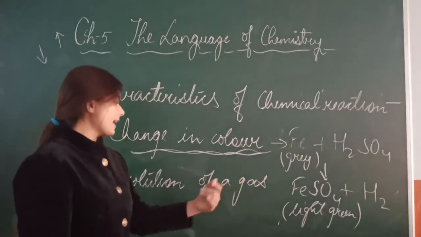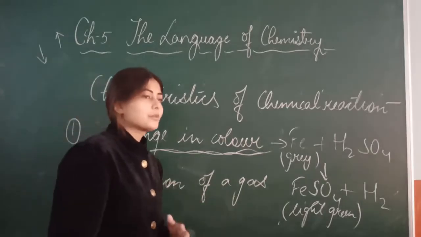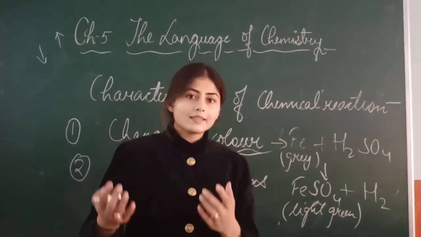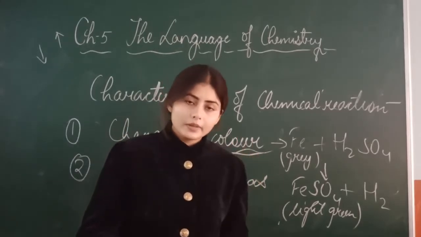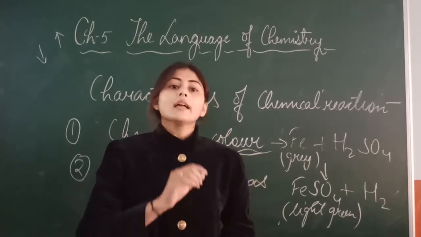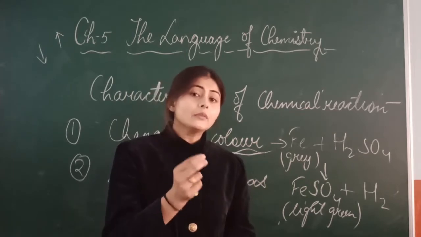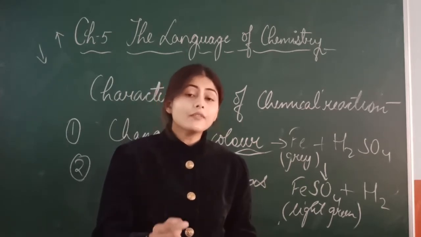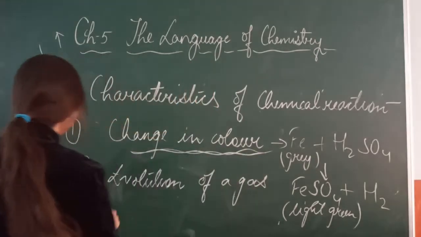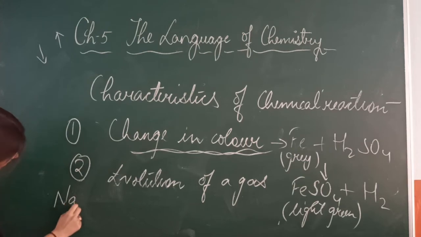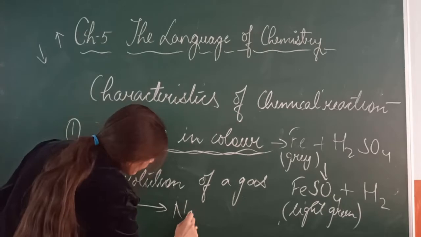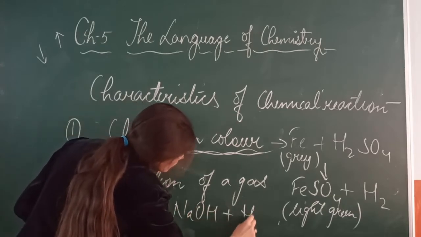Now, evolution of a gas. As I told you, in many chemical reactions, gas is evolving, or releasing, from the chemical reaction. For example, if you add sodium to water, that sodium metal will react with the water and give sodium hydroxide plus hydrogen. Sodium reacting with water, H2O, gives NaOH, sodium hydroxide, plus hydrogen gas.